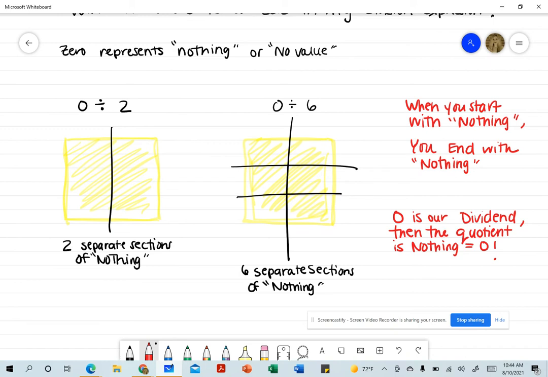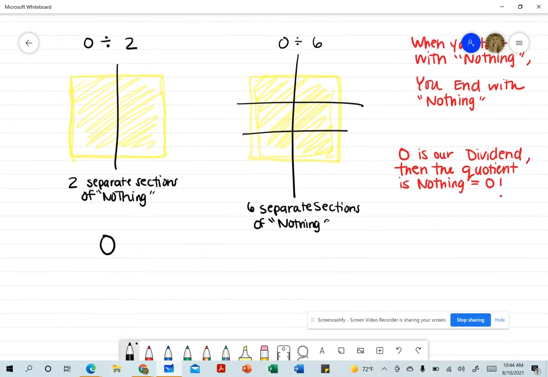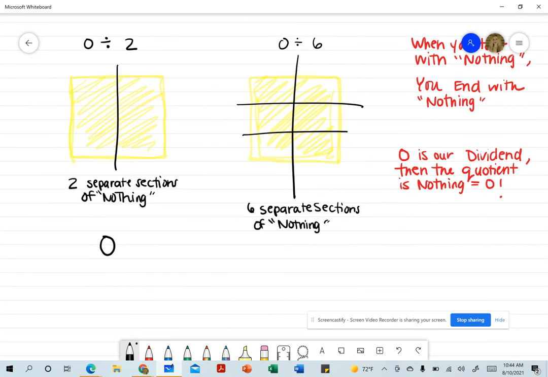So what is 0 divided by 2? 0 divided by 2 is actually 0. 2 sections of nothing is still nothing. It's still 0. What's 0 divided by 6? 0. Right? If you start with nothing, you end with nothing. So if 0 is our dividend, the quotient is 0, right? If we start with nothing, we end with nothing.